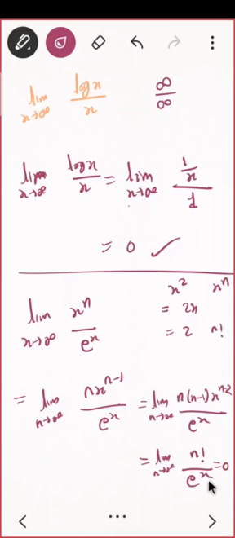Yeah, is that clear? Yes. And one more thing you should remember actually.